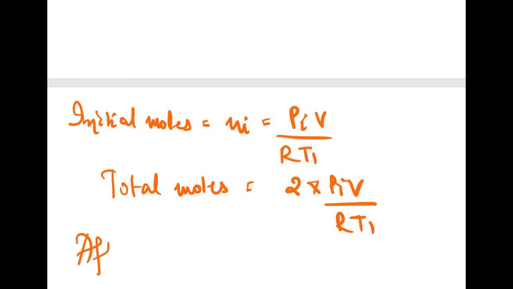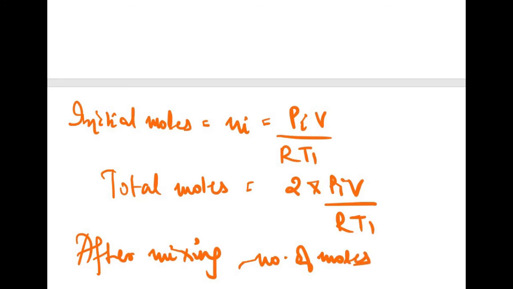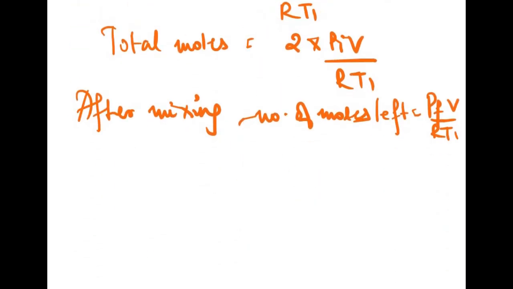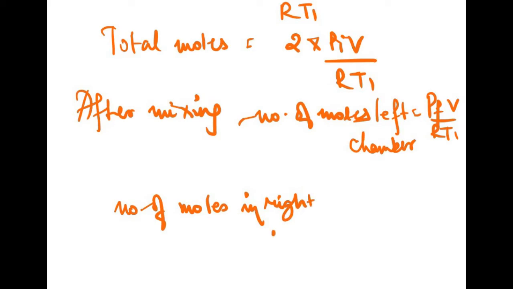Now after the mixing has happened, the number of moles left in the left chamber would be final pressure PF into V by RT1. Because there are two chambers, the number of moles in the right chamber would be the same pressure PF into V by RT2.